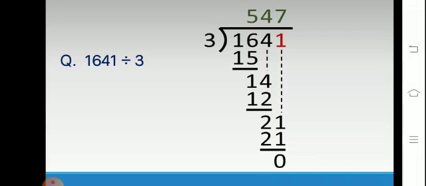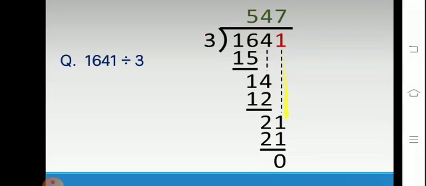It's 14 now. Now again you have to see whether 14 is in the table of 3 or not. There is 12, the nearest number, at the fourth place. 3 fours are 12. So subtract 12 from 14, you get 2.